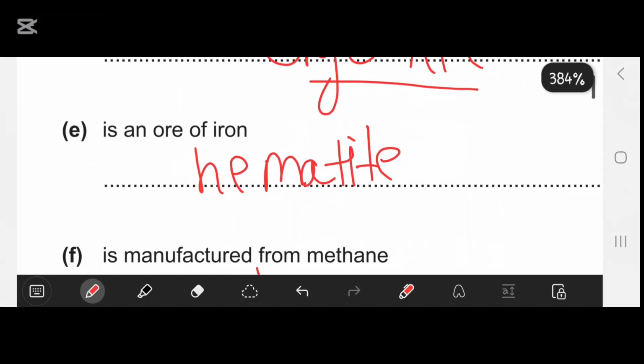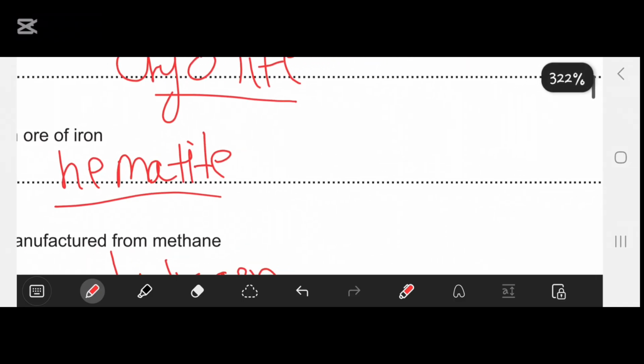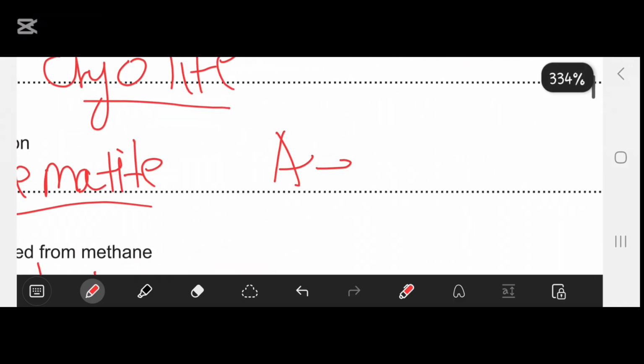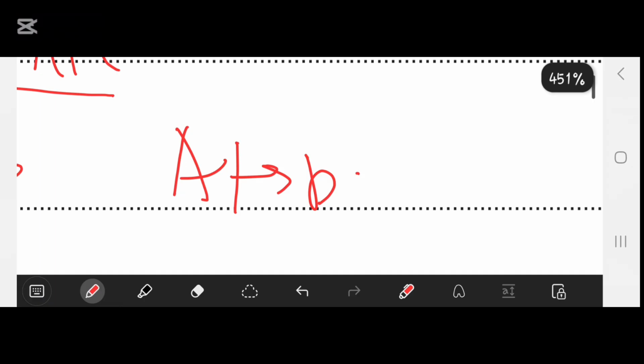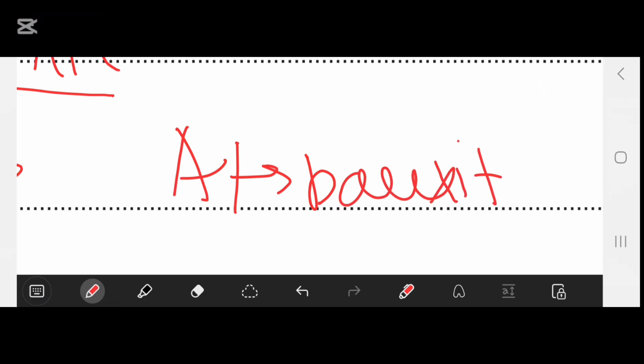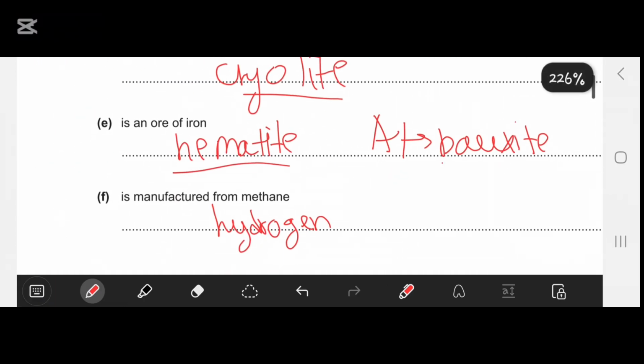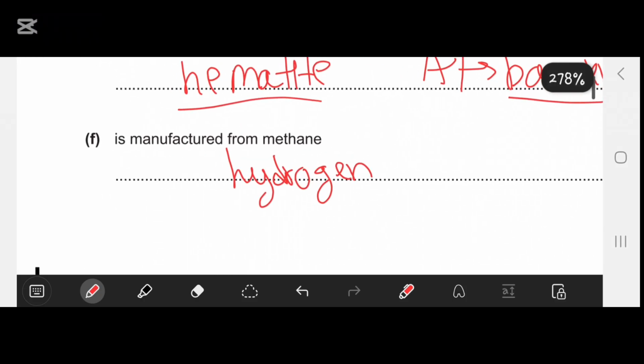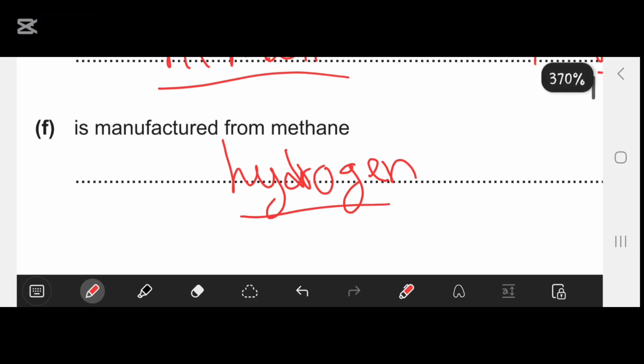Alright, name an ore of iron. The iron ore is hematite. This should be learned. What about aluminium? Aluminium ore is called bauxite. We also have other ores, but these two are the only ones you need to learn. Hematite and bauxite. Is manufactured from methane, hydrogen.